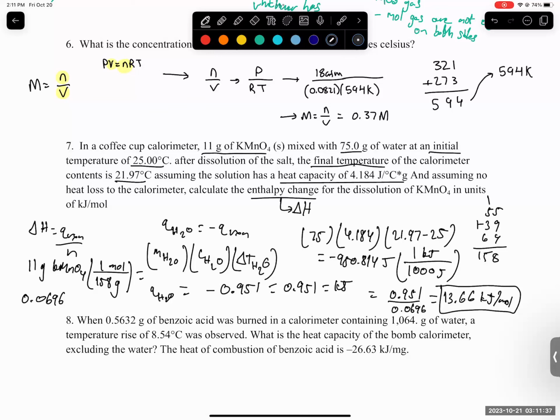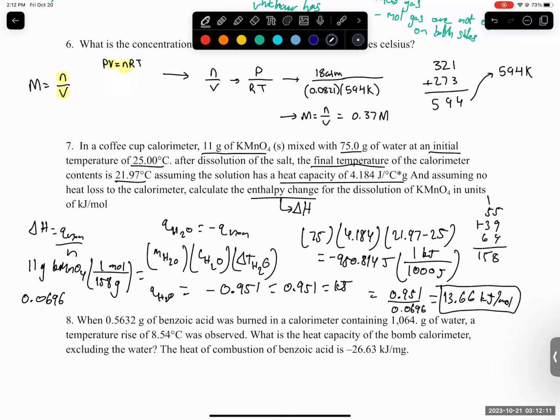Then Bradley Dustin said that you had to add the 4.184, like the KMnO4, you would basically add that to the 75 grams of water. Plus, it also says the solution, like the total water and KMnO4.